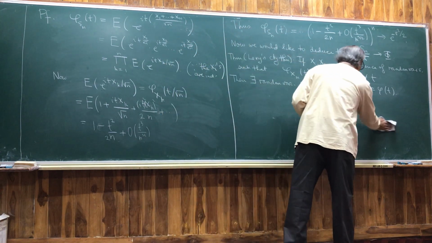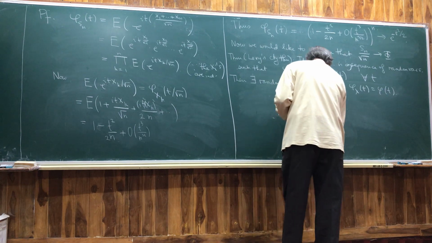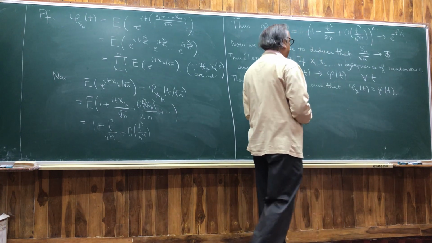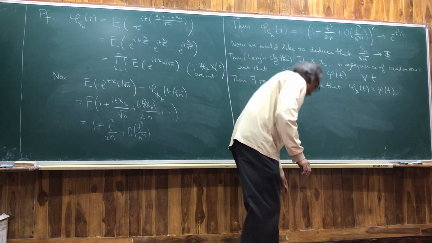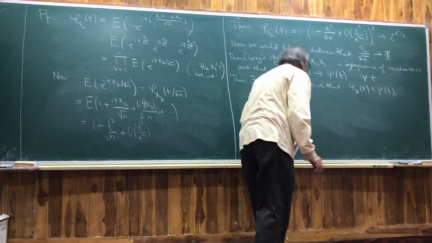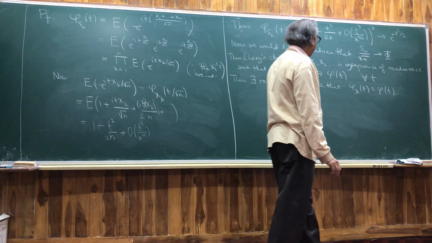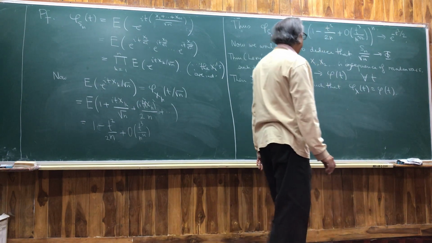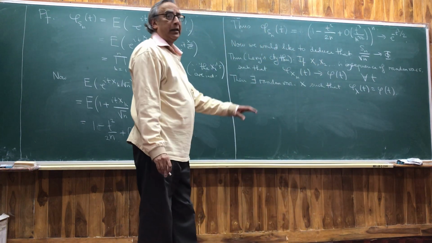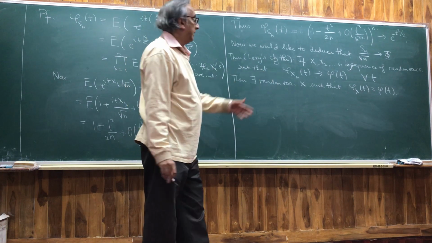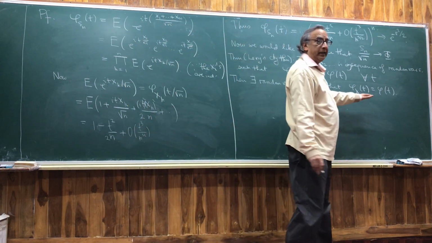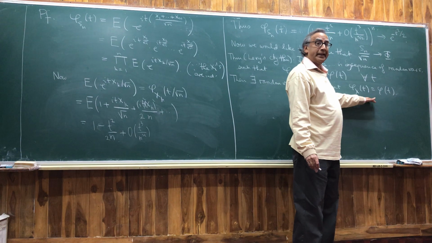So you have this, and therefore you can deduce how do I get the density function from this? Well, you take the inverse transform, because remember the characteristic function is the Fourier transform of the density function.